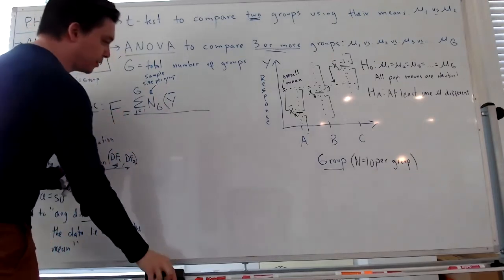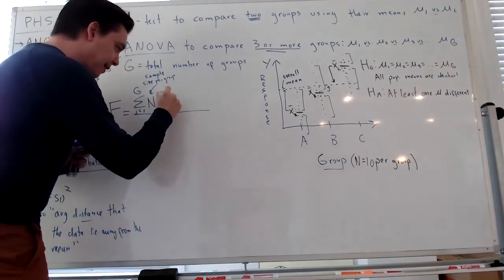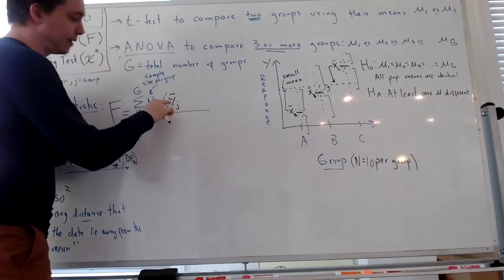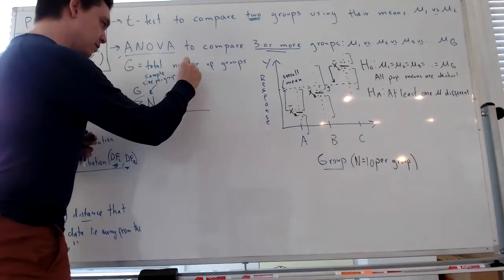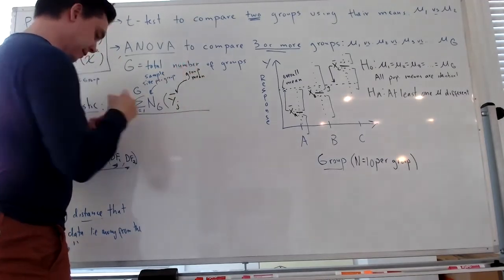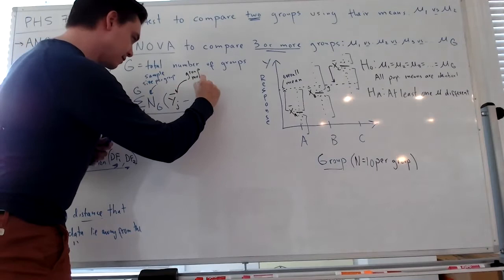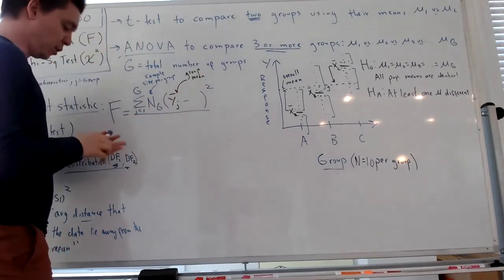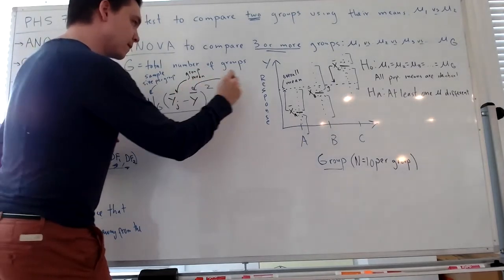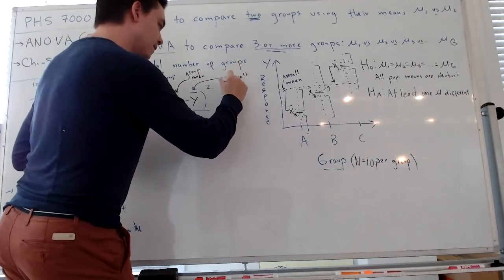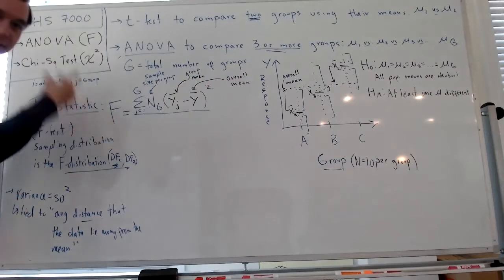and then we have, you know what I'm going to do? I'm going to color code it. Y bar j, that's the group mean, minus the overall mean, squared, because it's the variance, or something that resembles the variance.